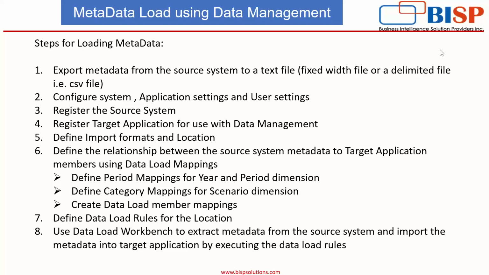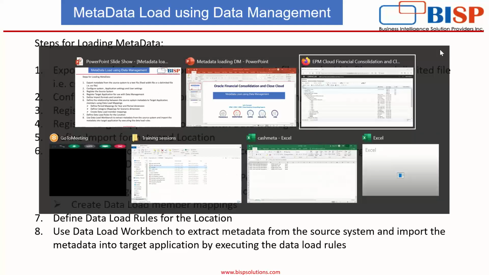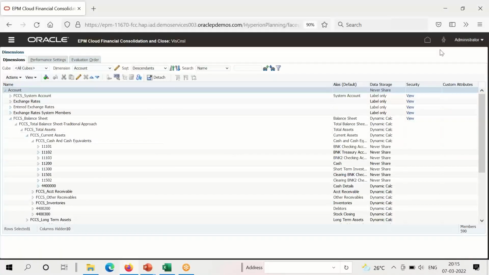So first I will show you the application where I will be loading the metadata under cache and cache equivalent as the parent. You can see these are the members, these are the child right now. We'll add few more cache accounts here.